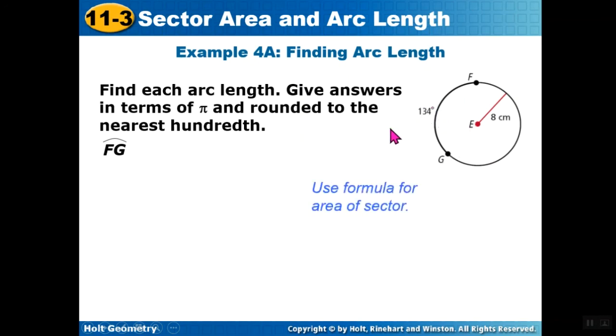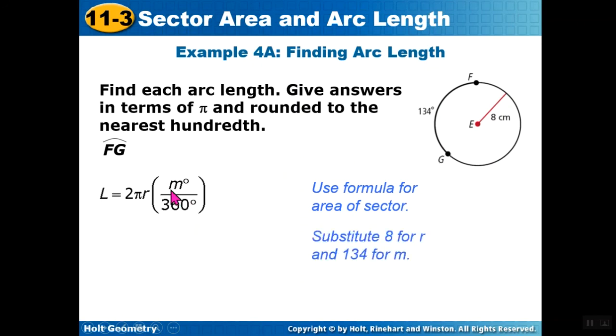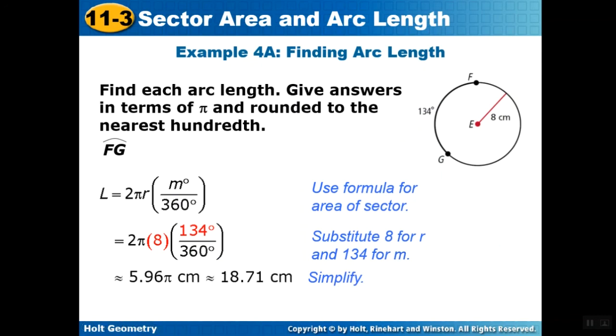So step number 1, we write the formula: L equals 2 pi r times m divided by 360. We substitute r by 8 as shown in the figure, and m by the measure of the angle, 134 degrees. Now simplify the answer in terms of pi and to the nearest hundredth as shown.